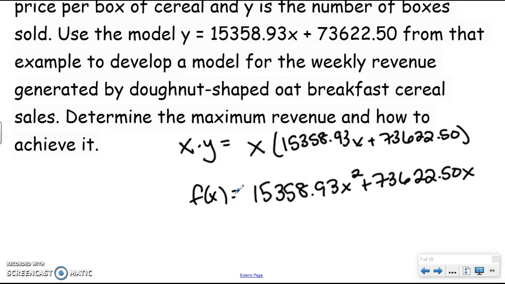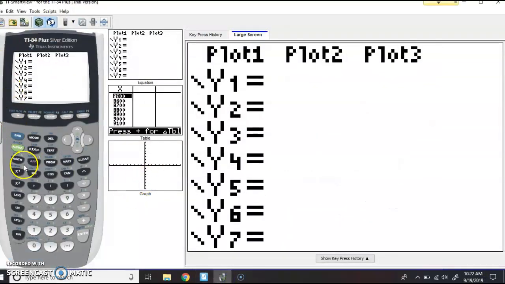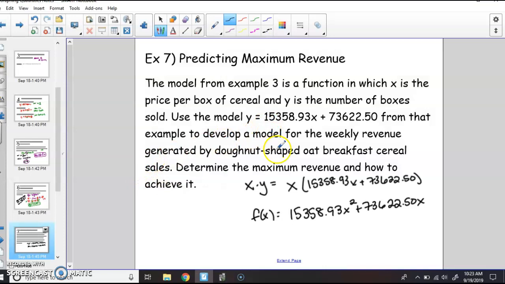So really what you can do is, since you have a quadratic here, we can flip over to our graphing calculator and enter this into our graphing calculator for our first function. I think I was missing a negative sign in that original problem. Hang on. Let's go back to the original problem because there is a typo here. Squeeze a negative sign in here, which makes these negative. I'll have to fix that.